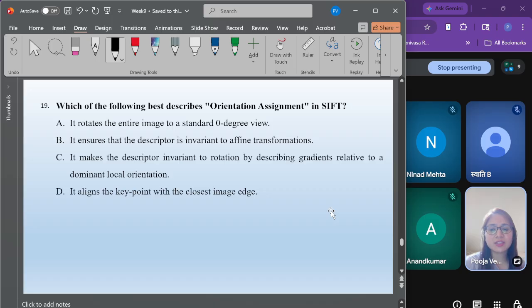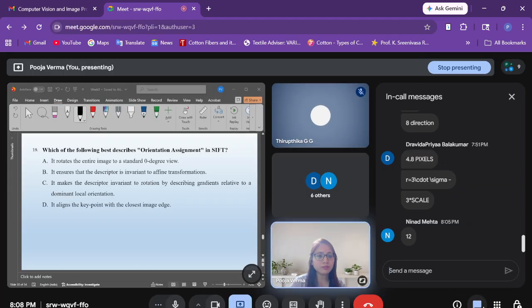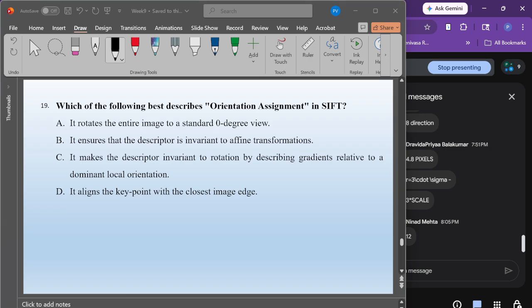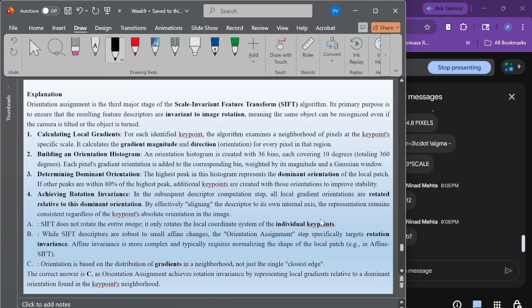Option C, it makes a descriptor invariant to rotation by describing gradients relative to the dominant local orientation. Or option D, it aligns the key point to its closest image edge. Anyone like to answer this question? Okay, so we will go through the explanation.